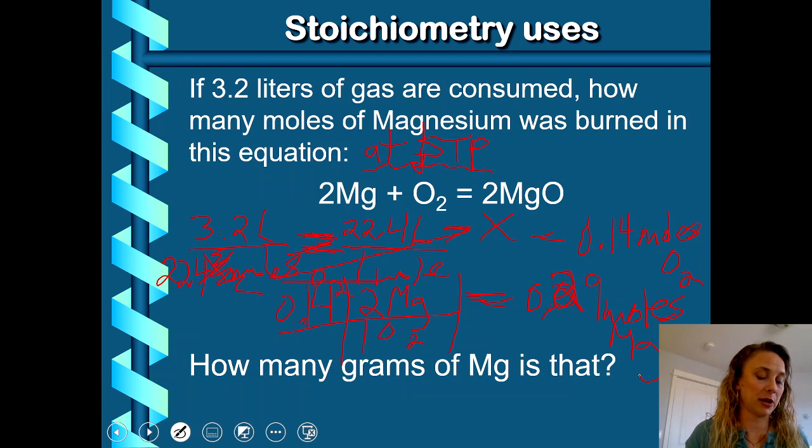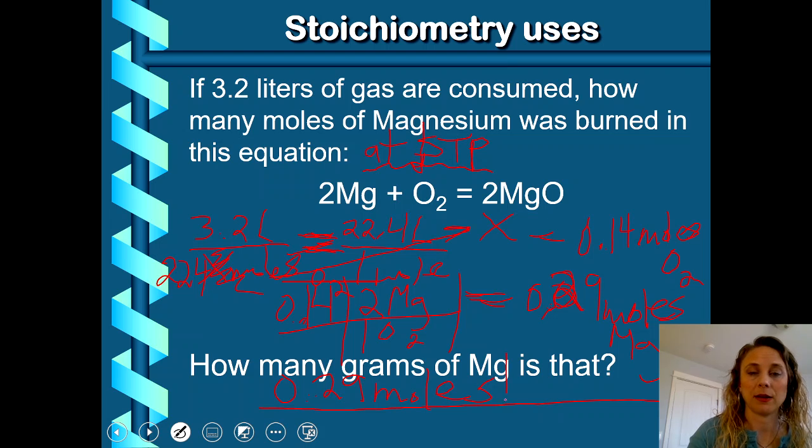And for that, I need my periodic table, but I loaned it to my son. Okay, so molar mass of magnesium. Looking that up. So we're going to start with what we have, 0.29 moles. We could have done this all in one shot.